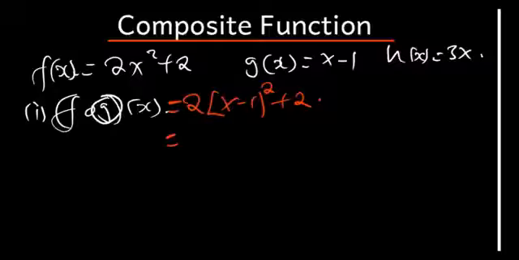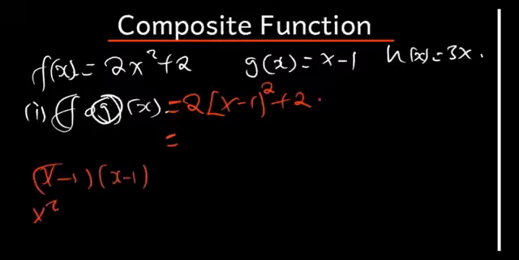So I'm going to have x minus 1 times x minus 1. x times x is x squared, x times negative 1 is negative x, then negative 1 times x is negative x, then negative 1 times negative 1 is positive 1. So this is x squared minus 2x plus 1.